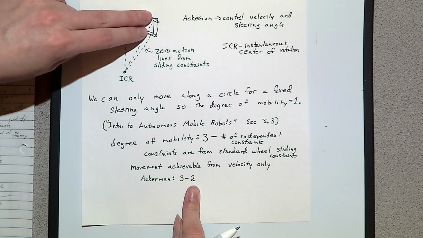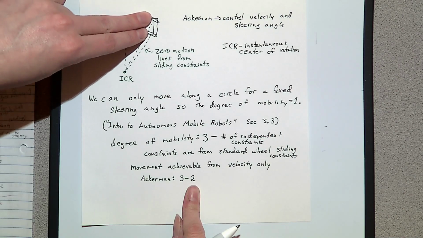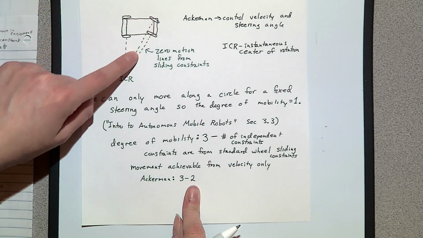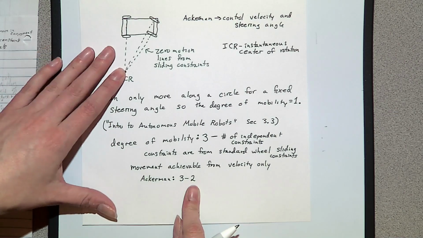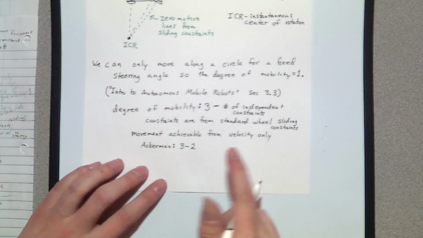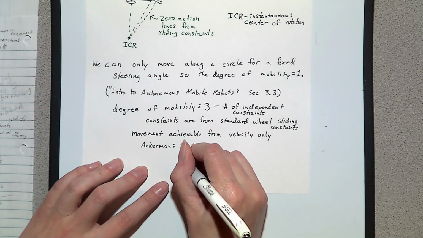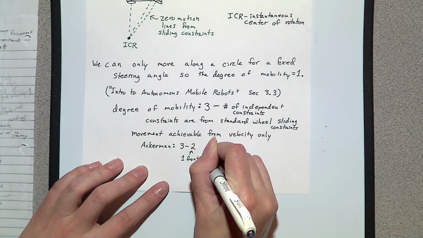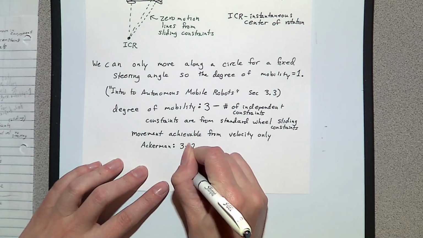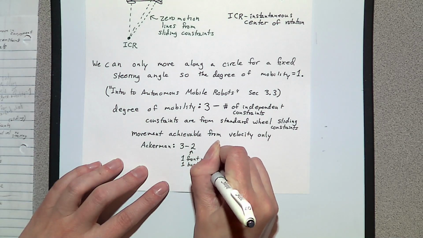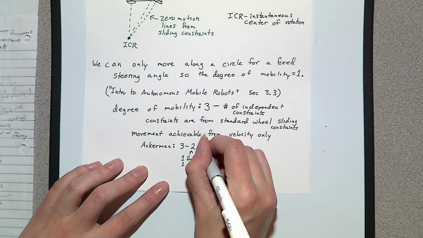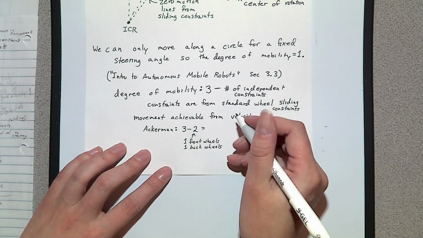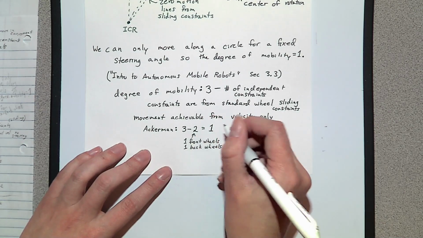And these two front wheels are also coupled, so it's not an independent constraint from each other. So these two apply a single constraint. So we have two constraints total, one from the front wheels and one from the back wheels, which gives us an overall degree of mobility of 1.